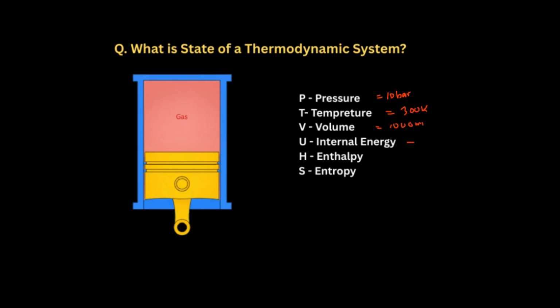We have internal energy, enthalpy, entropy. If we keep on fixing all these properties, then we arrive at a particular state of the system. So you can say we have a gas which is at a temperature 300 Kelvin, pressure 10 bar, volume 100 ml, and so on.